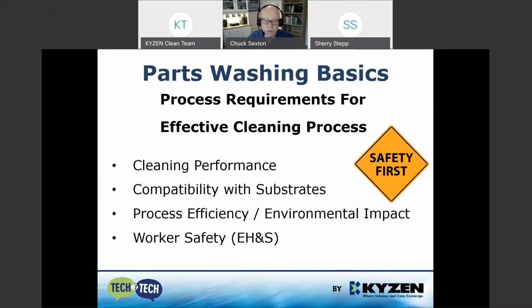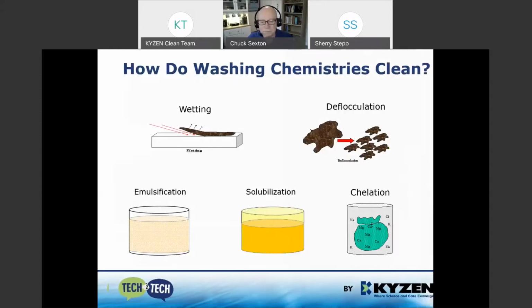Compatibility with substrates, so we can't use a high pH caustic cleaning product if we're cleaning aluminum. Process efficiency, environmental impact, worker safety. These last 2 items deal with one of our main objectives, which is to develop the safest possible process for our customers that still cleans their parts to their requirements.